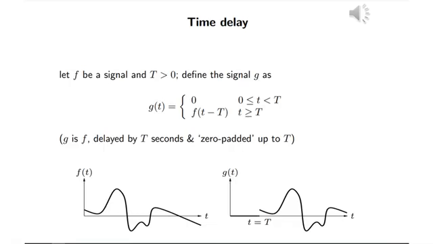Obviously, logic, or the duality principle, says that if rotation changes into translation in the S domain, then translation in the time domain must change into exponential or rotation in the S domain.